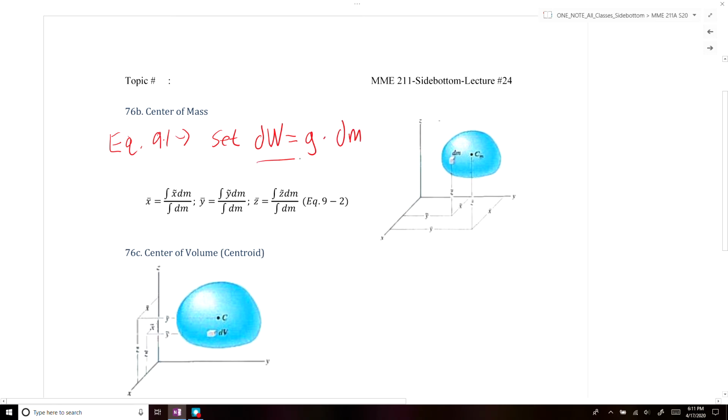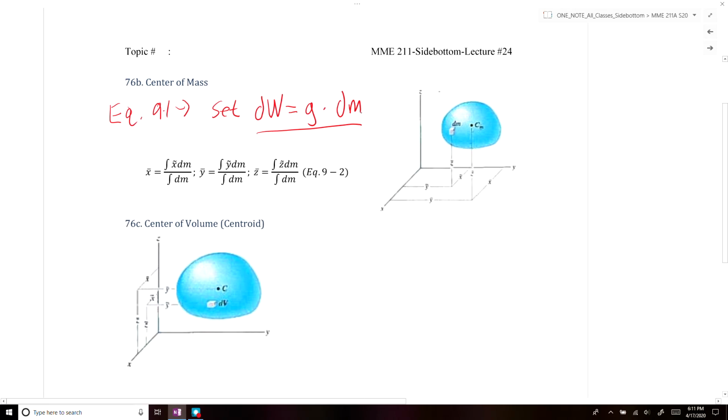If we make that substitution into equation 9.1, we'll end up getting these three equations for the center of gravity of a rigid body.